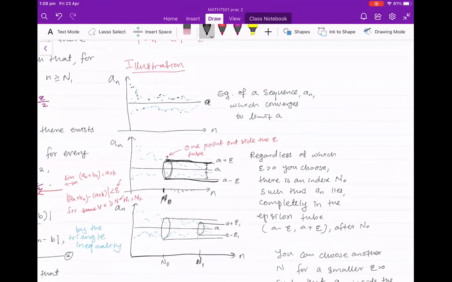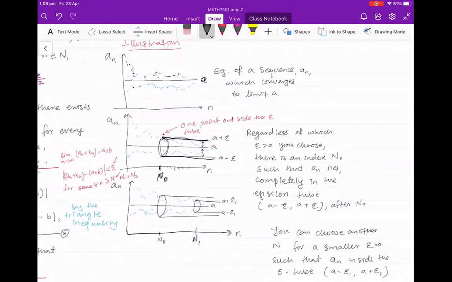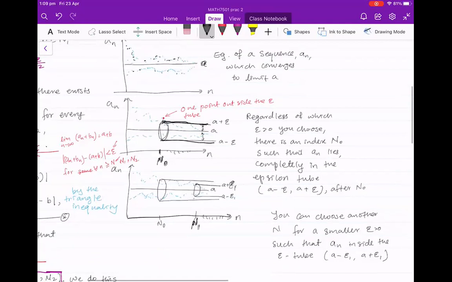Now let's say you give me another epsilon, smaller than the previous one, call it epsilon 1. I can still choose another N, call it N1, and after that N1, the sequence of points are bounded within that epsilon neighborhood. So that's what it means for a_n to go to A.